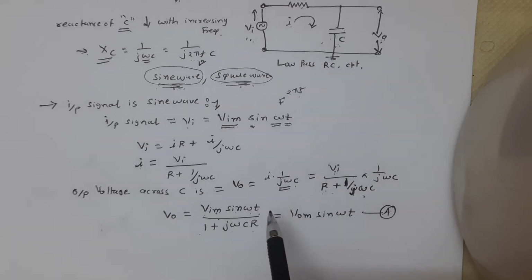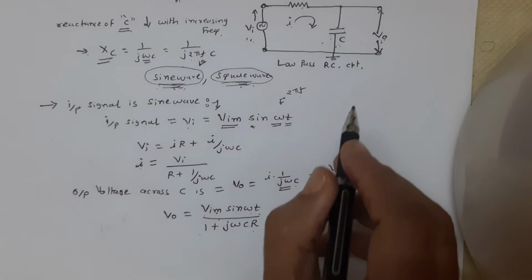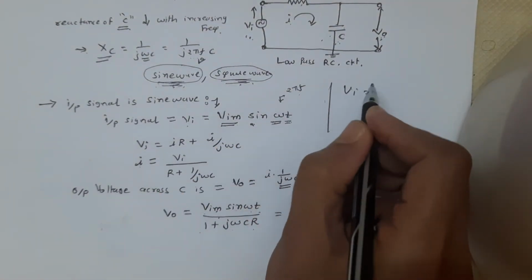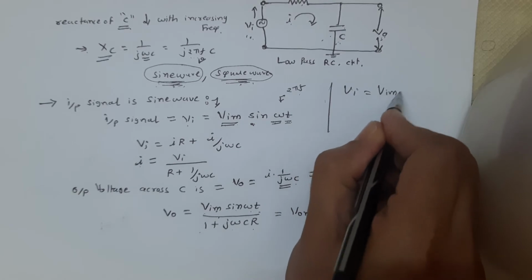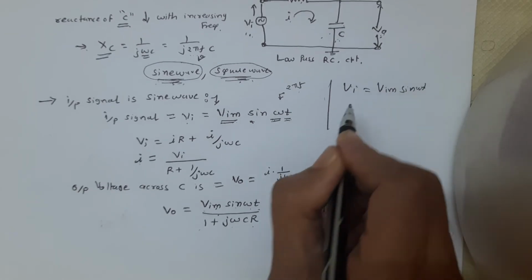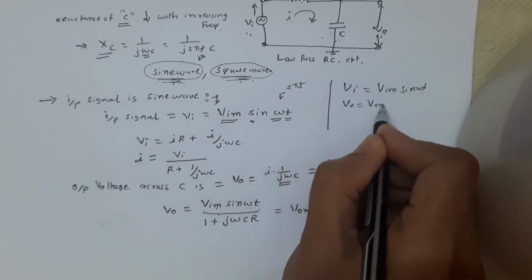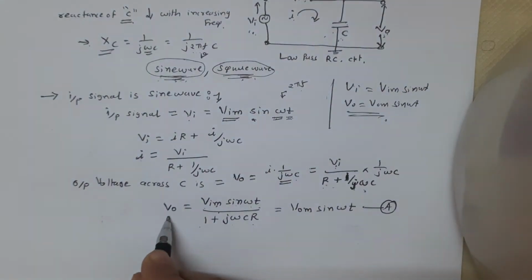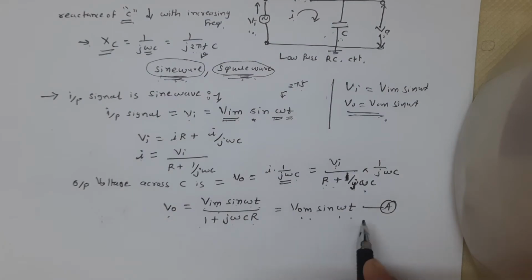So in this way, we get this final equation, and we know that if Vi is equal to Vim sin omega t, then Vo is equal to Vom sin omega t. So we put this Vo is equal to Vom sin omega t. In this way we get this equation, right?